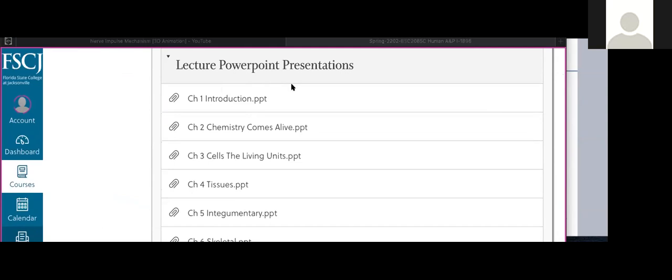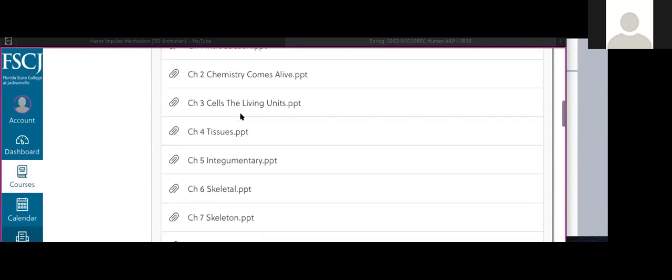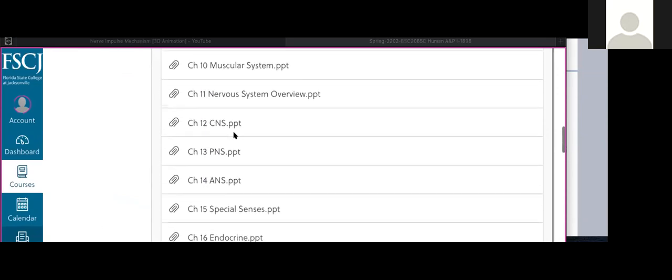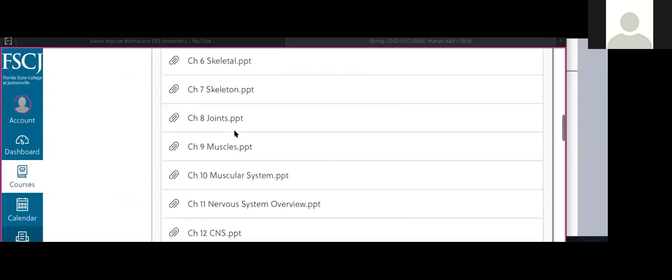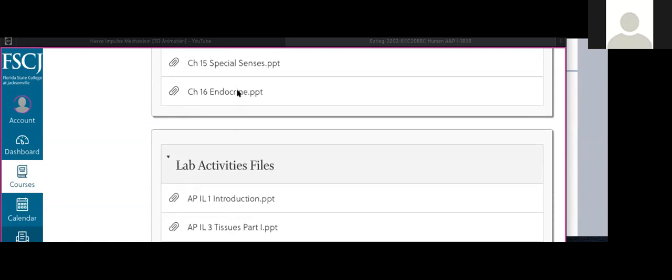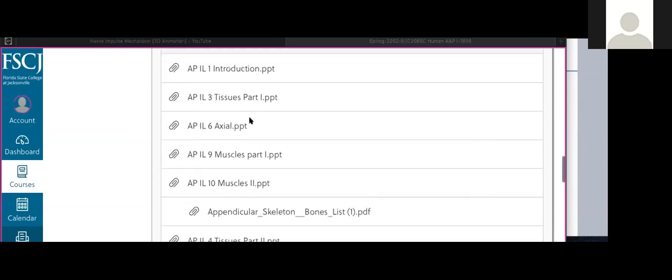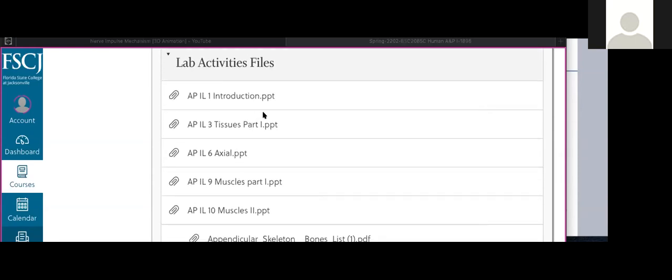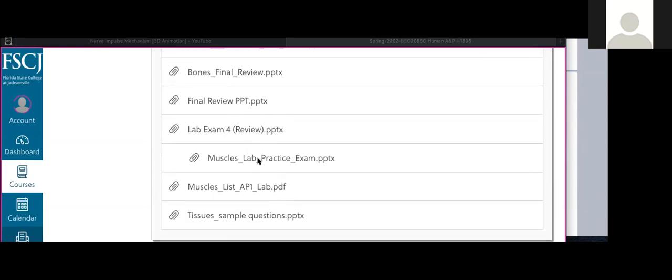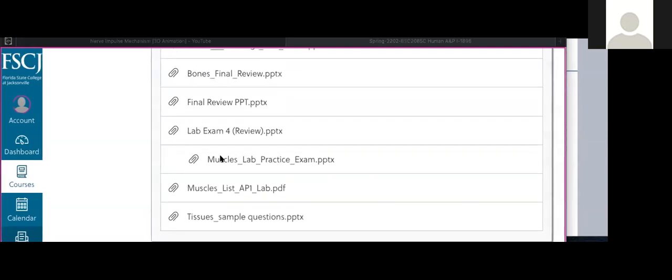You will find another module that contains all the lecture PowerPoint slides that we are covering in our meetings. Those are the PowerPoint presentations for the different chapters. Some were asking where they can find the muscles practice exam, which was part of the in-class activities in one of our previous meetings.